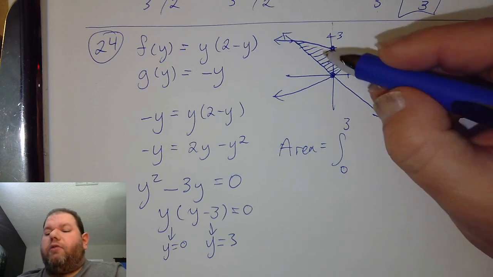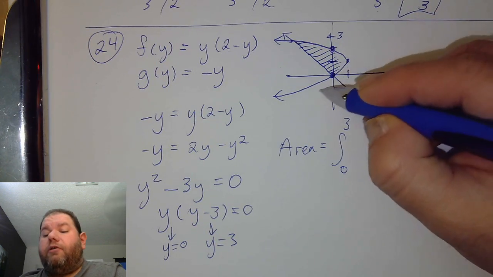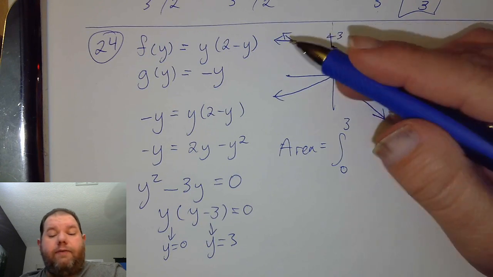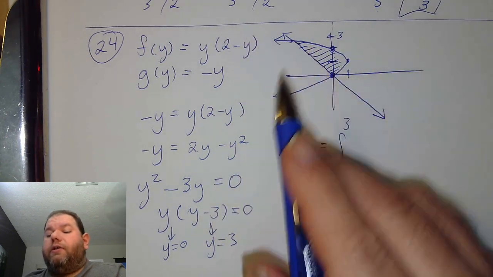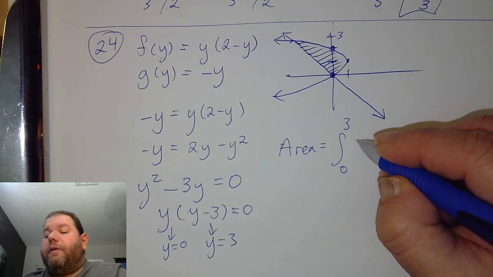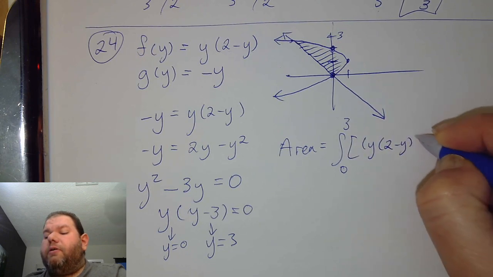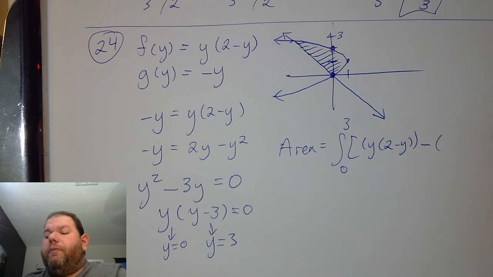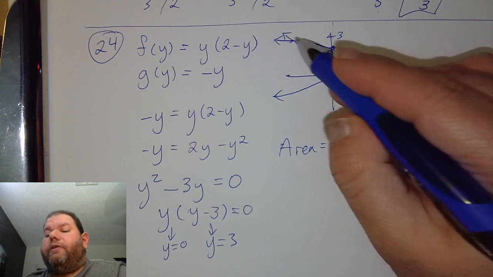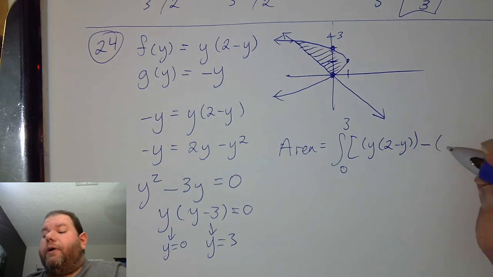So on our right side, we have our parabolic curve, which is f of y, and that means we'll have y times 2 minus y, and from that we'll subtract the line on the left, which in this case is negative y.